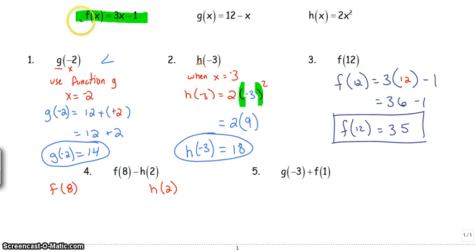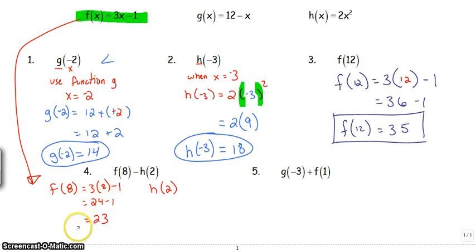This function when x is 8. So I get 3 times 8 minus 1, which is 24 minus 1, which is 23. So I know that the function f when x is 8 is 23.